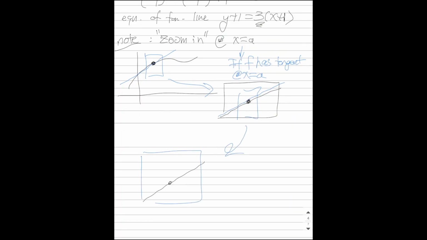So if I zoom in more and more and more, you will not be able to tell the difference between the function and the tangent line. So if a function has a tangent, the function looks linear.